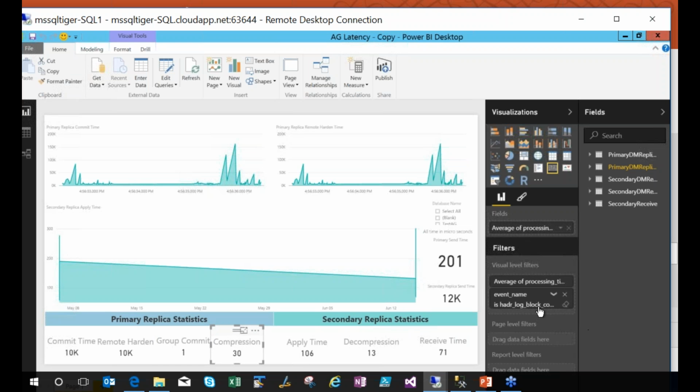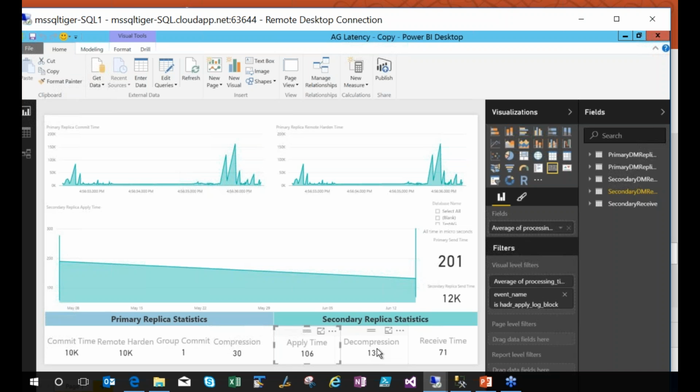The compression is tracked using hadr_log_block_compression, pretty self-explanatory. The apply time is tracked by hadr_apply_log_block, and for all of these events I am using processing time. All those events that I showed you on my PowerPoint slide, I track them by the scenario and the message that they signify.